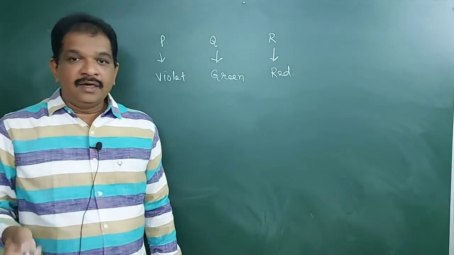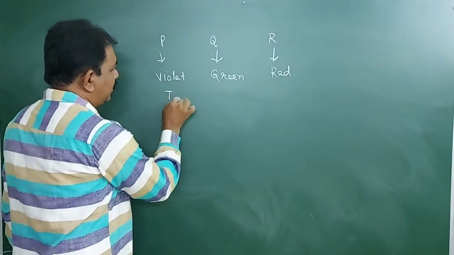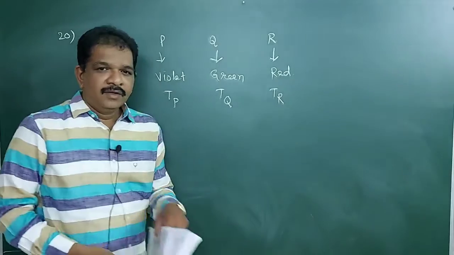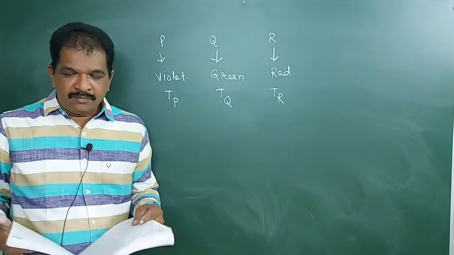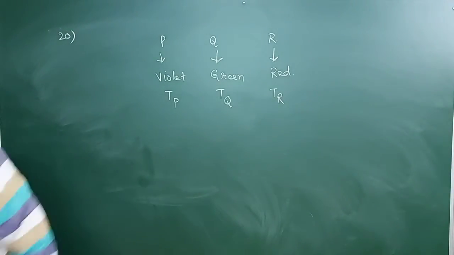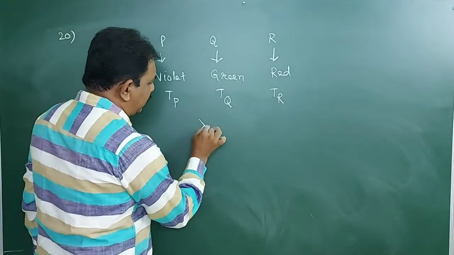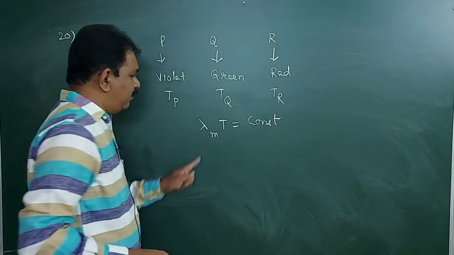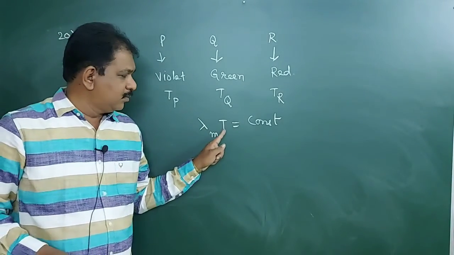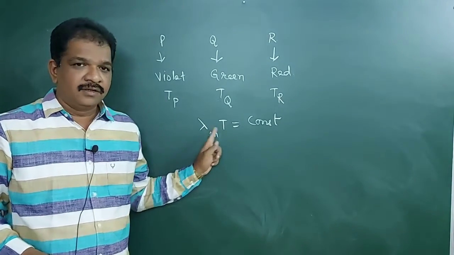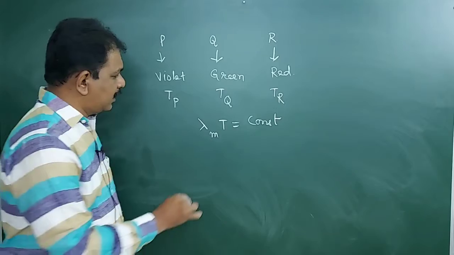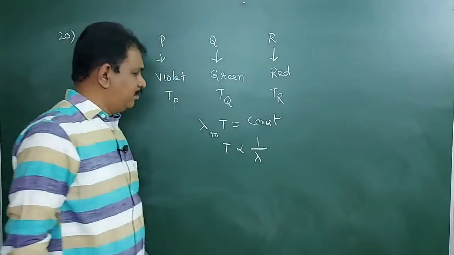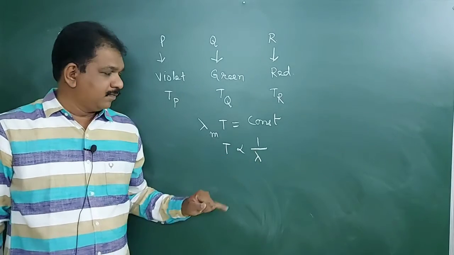Their temperatures are Tp, Tq, Tr. What is the relation between the temperatures? Wien's displacement law says that the wavelength corresponding to maximum intensity and temperature, their product remains constant. So T is proportional to 1 by lambda.